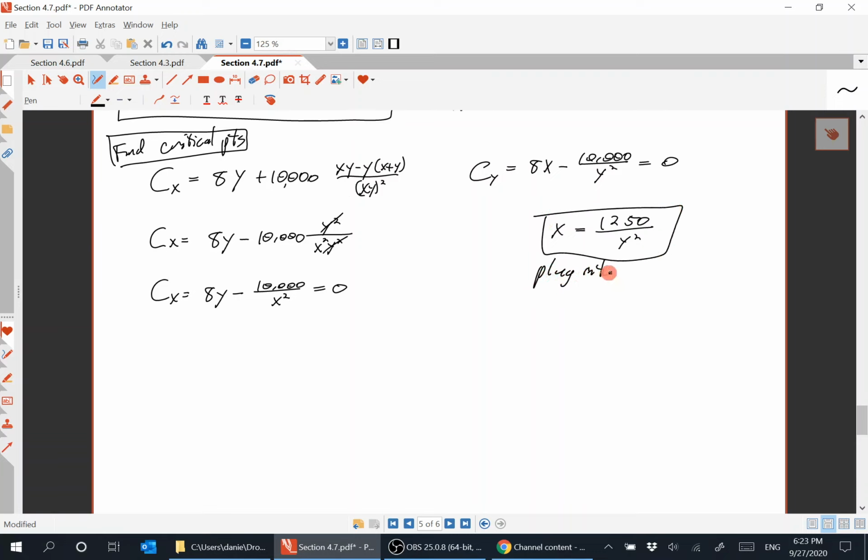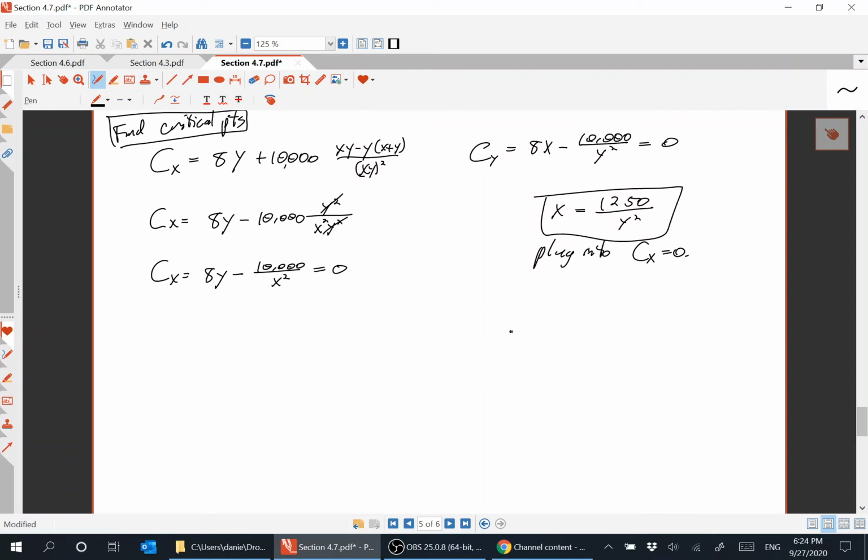Plug into Cx equal to 0. So we have 8y minus 10,000 over x squared, which is 1,250 over y squared, squared. So, and that equals 0. So 8y minus, and what do we have here?